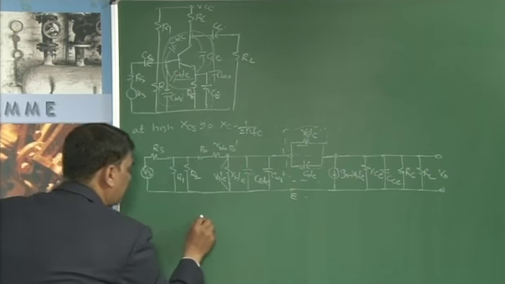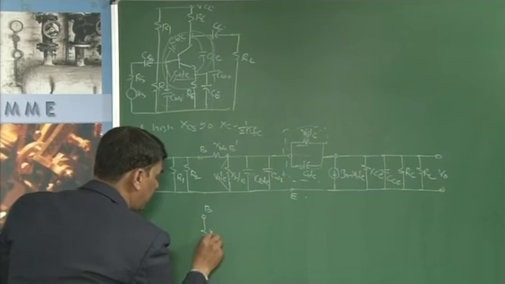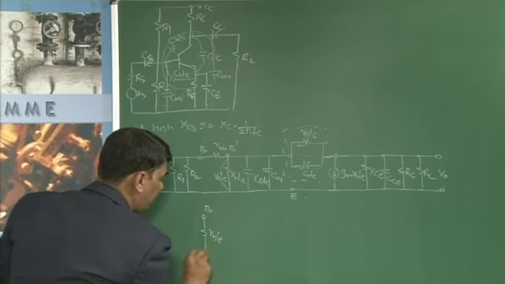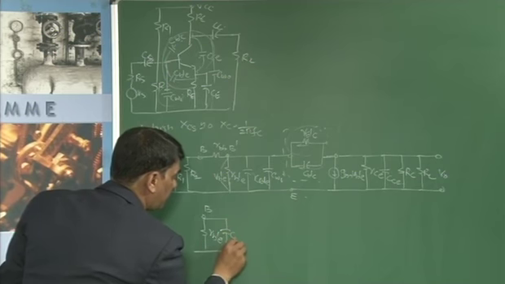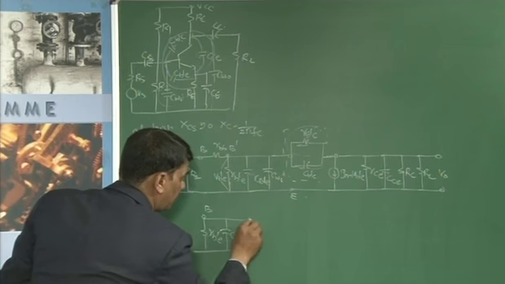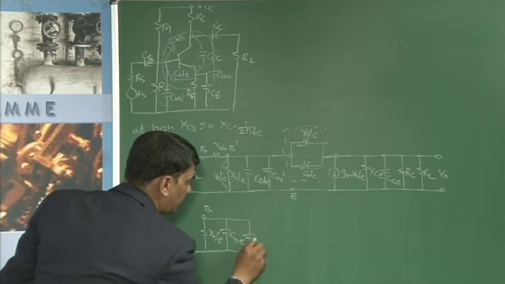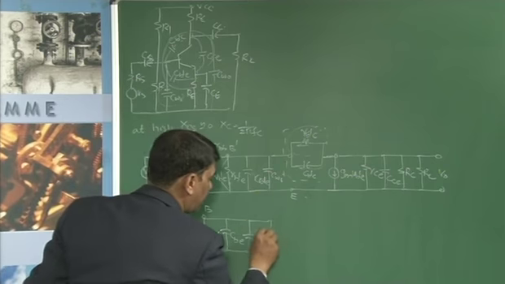Then you are going to get B', there is a resistance RB'E, and there is a capacitance CB'E, and the wiring capacitance CWI, and then this capacitance is connected in parallel with that.